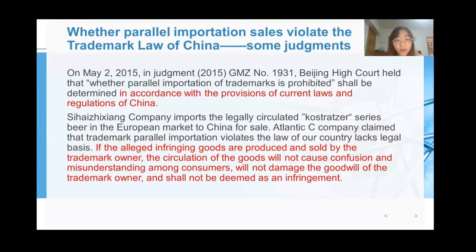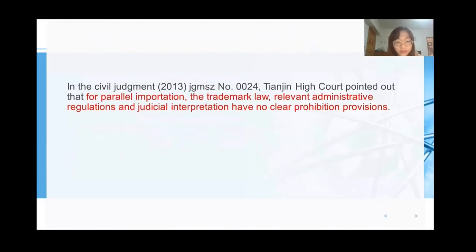You may wonder whether parallel importation sales violate China's trademark law. Let's see some judgments. In the first judgment, Beijing High Court held that whether parallel importation of trademarks is prohibited shall be determined in accordance with the provisions of current laws and regulations of China. The second judgment shows that for parallel importation, the trademark law, relevant administrative regulations, and judicial interpretation have no clear prohibition provisions.